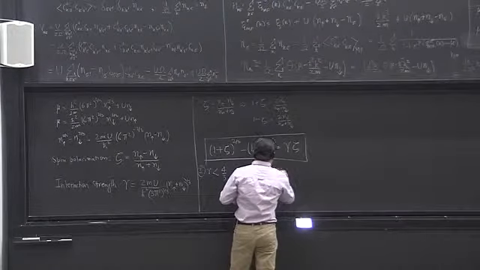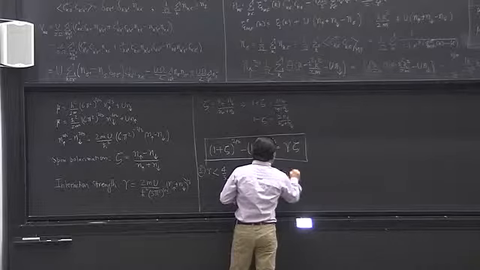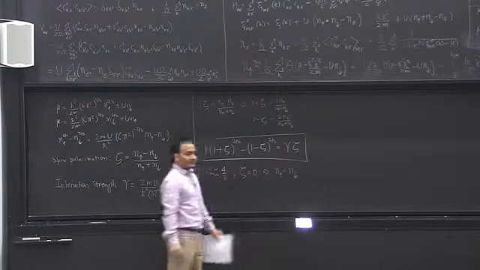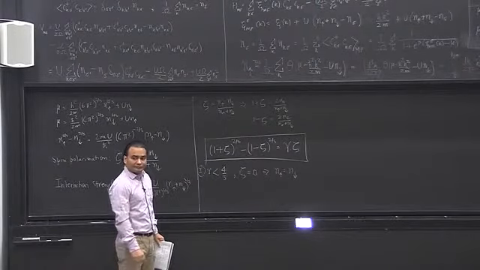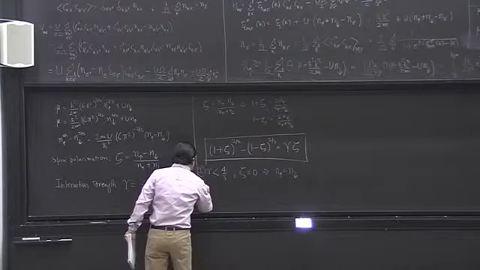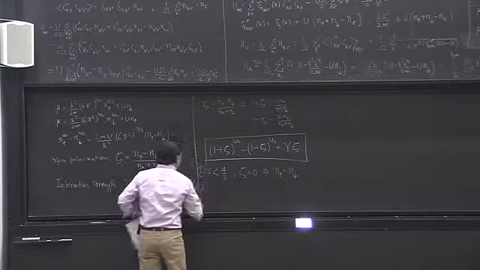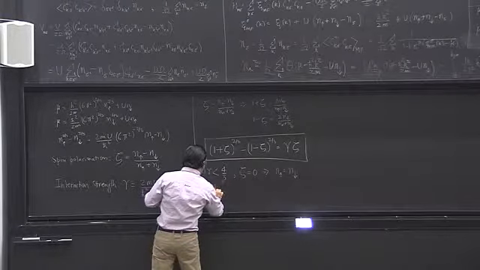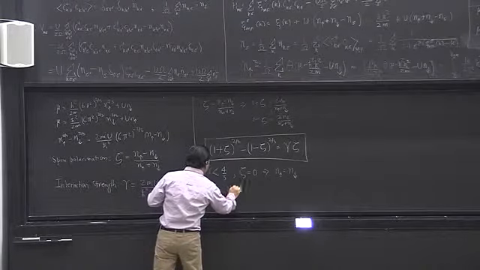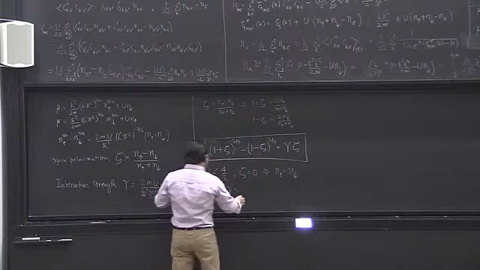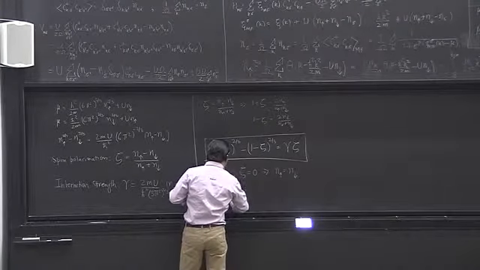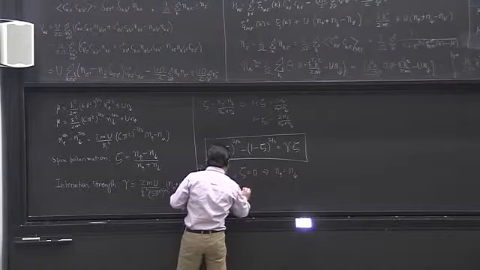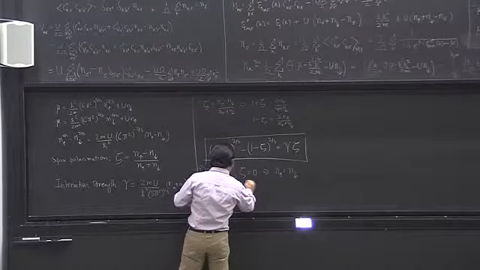This implies that the up density is the same as the down density. The second type of solution is when gamma is between 4 by 3 and 2 to the power 2 by 3.